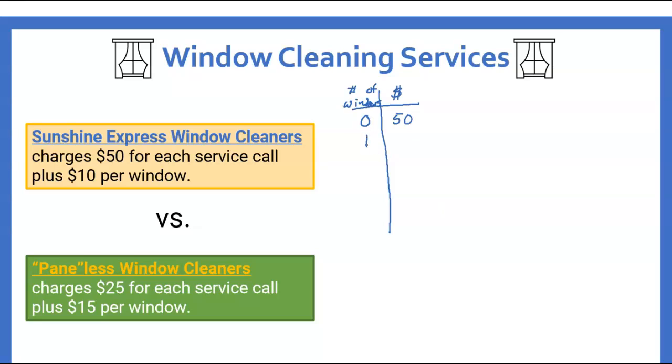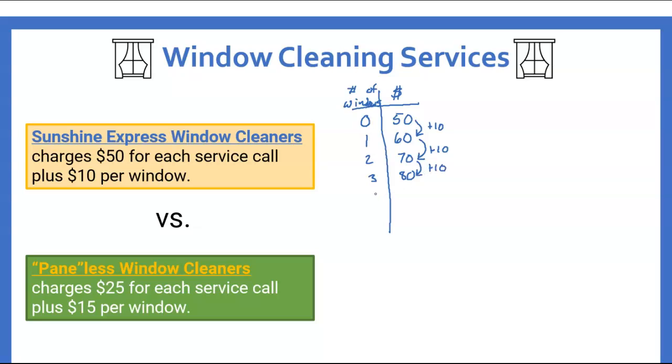For 1 window, it would be that $50 and then $10 for a single window. So 50 plus 10 is 60. For 2 windows, it would be $10 more because we added a window, so this would be 70. We are adding 10 each time. This looks very familiar. Maybe we'd call that an arithmetic sequence.